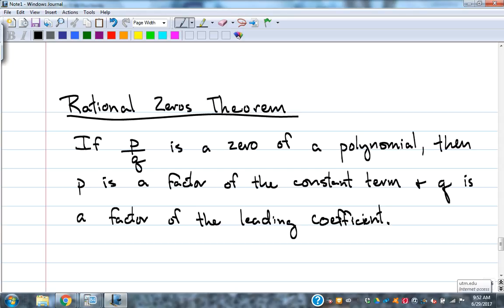A lot of words there. Constant term just means that's the plain number that's hanging out on the end. The leading coefficient, that's the number in front of the highest power on x.